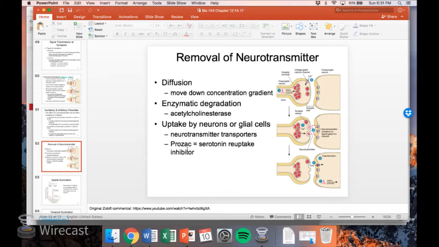So Prozac and Zoloft work in very similar ways in that they are reuptake inhibitors. It's not that you're making more neurotransmitters, or necessarily firing more presynaptic action potentials. It's that the message is getting across the synaptic cleft before these neurotransmitters are pushed back into this presynaptic neuron.